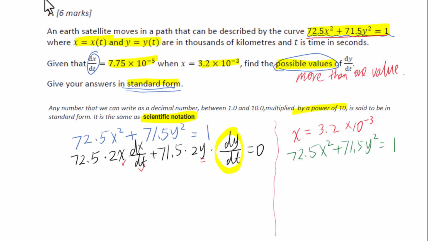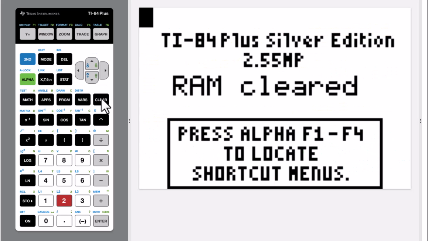Since I want to use a calculator to solve this equation, this is minus 1: 72.5 x squared plus 71.5 y squared minus 1 equals 0.